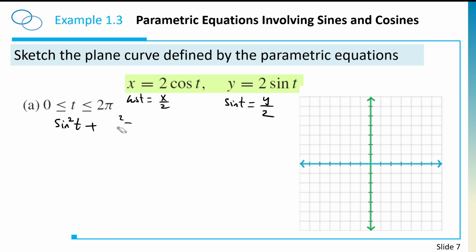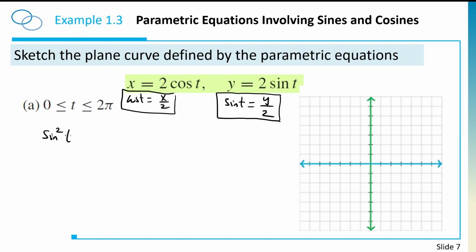So now we know what cosine is and we know what sine is. Now we need to replace them. So we plug into sine squared plus cosine squared t equals 1. Sine squared is y squared over 4, plus cosine squared is x squared over 4, equals 1.